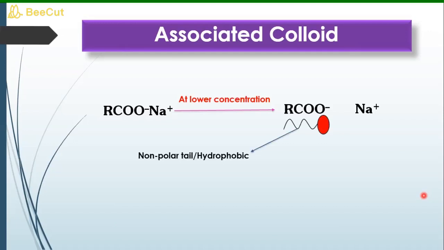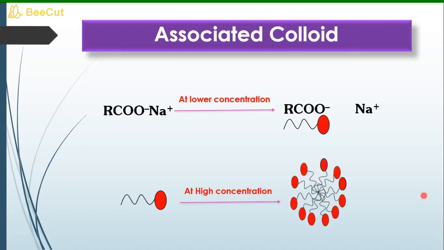Whereas the red colored region is called the head, which is polar in nature and hydrophilic in structure. When you have a higher concentration, the soap molecules come close to each other to form a spherical structure called a micelle or ionic micelle or associated colloid.